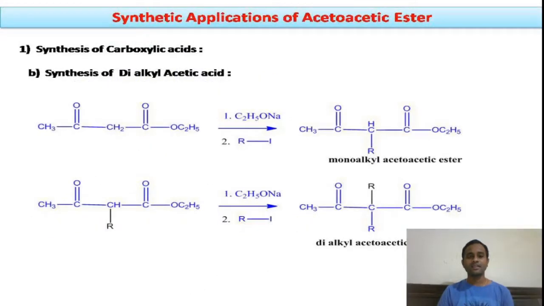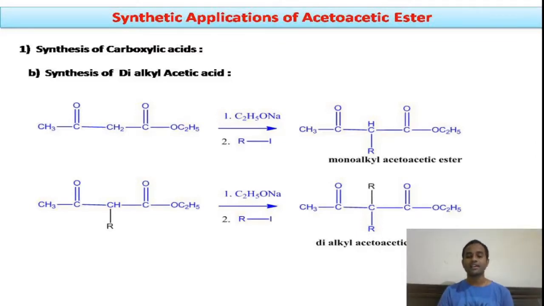And similarly, the second application: how to synthesize dialkyl carboxylic acids, dialkyl acetic acid. Since this methylene group in the acetoacetic ester has two hydrogens, we can replace these two hydrogen atoms by treating with the base, followed by alkylation.